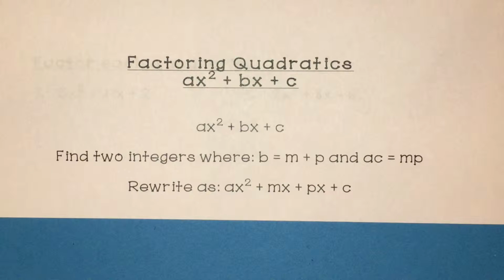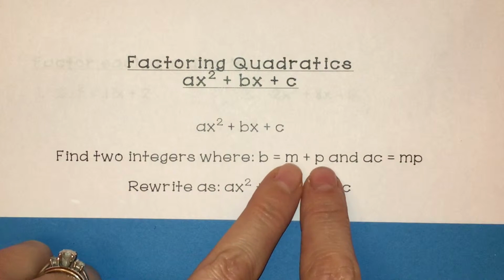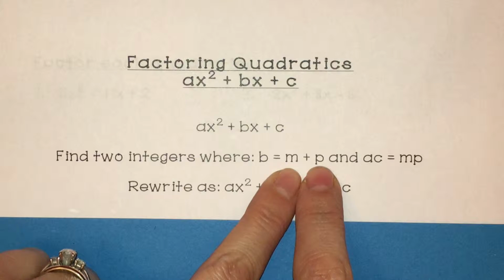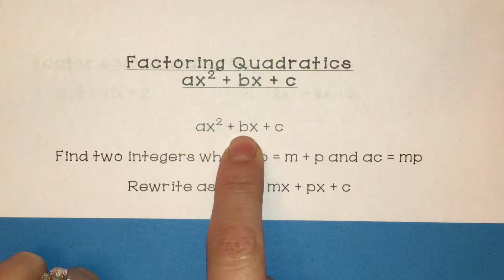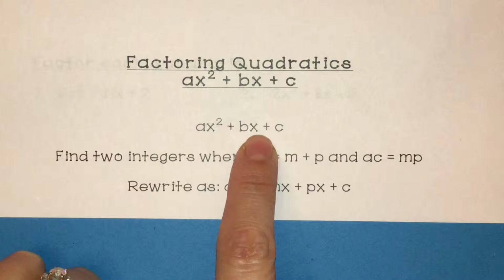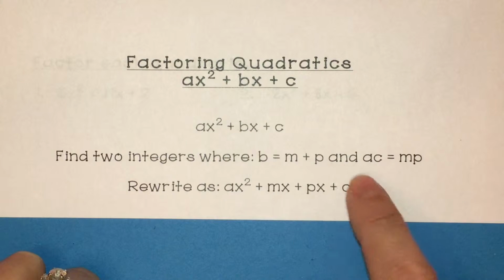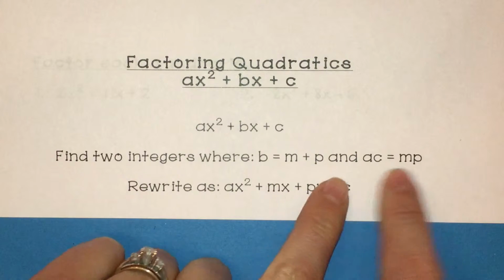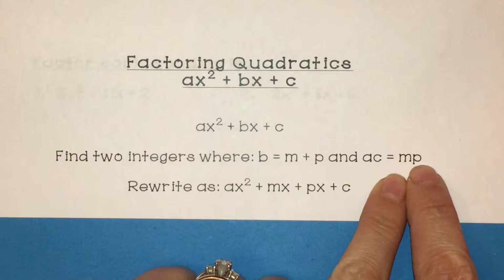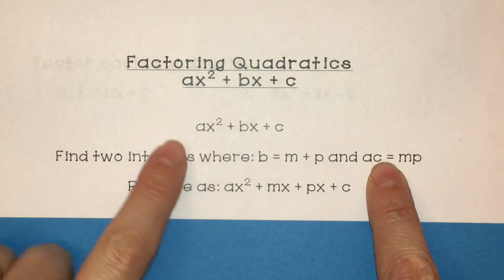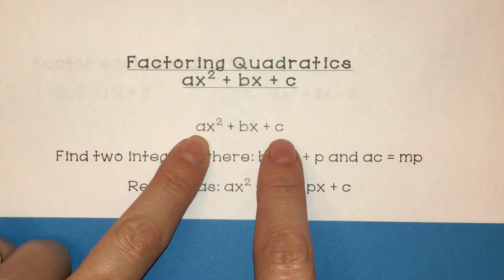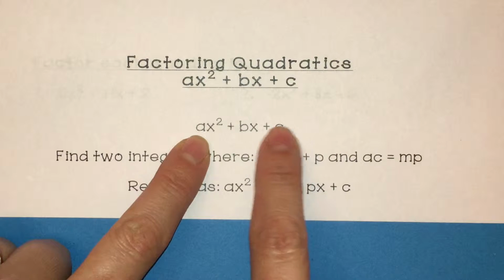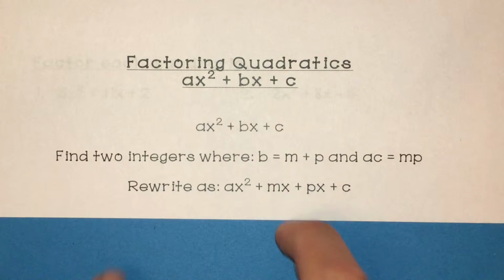So you have to find two integers, m and p, that add together to equal the value of b, the coefficient of x, the number multiplied by x. And those same numbers m and p multiply together to equal a times c, the number multiplied by x squared times the number that's by itself.